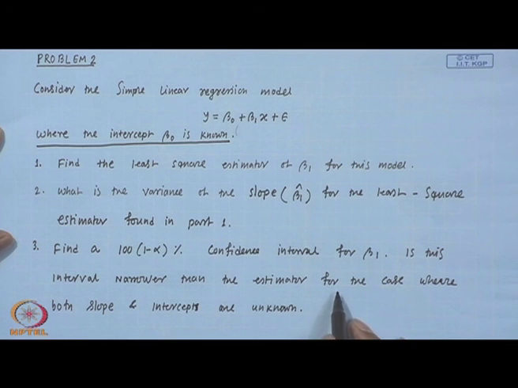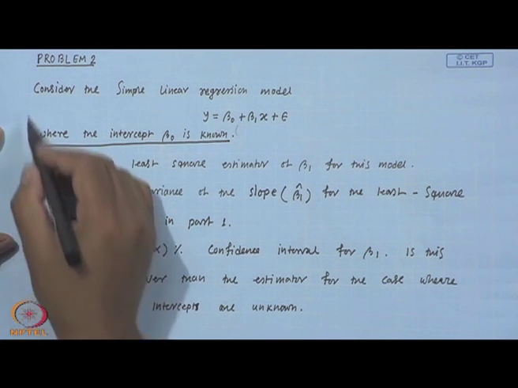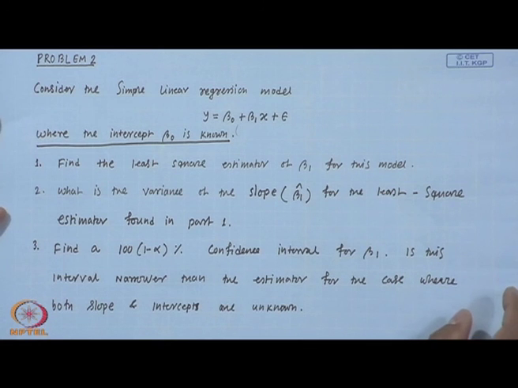And the final problem is to find the confidence interval for beta 1, and is this interval narrower than the estimator for the case where both slope and intercept are unknown. Okay. You try to solve independently, and then see my solution, and here is the solution.